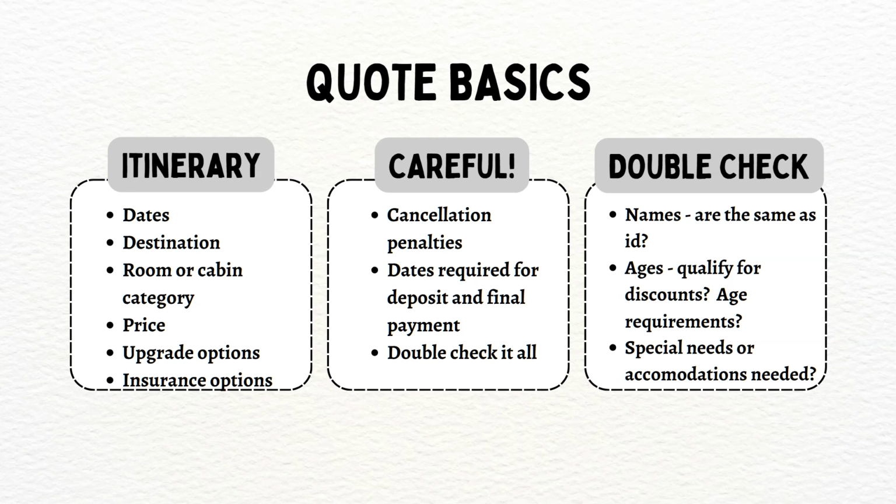Your names, are they the same as on your ID? Double checking with ages. They might qualify for a discount. You might not think that someone is a senior, or if they are military, something that might give them some discounts. So ask the questions.